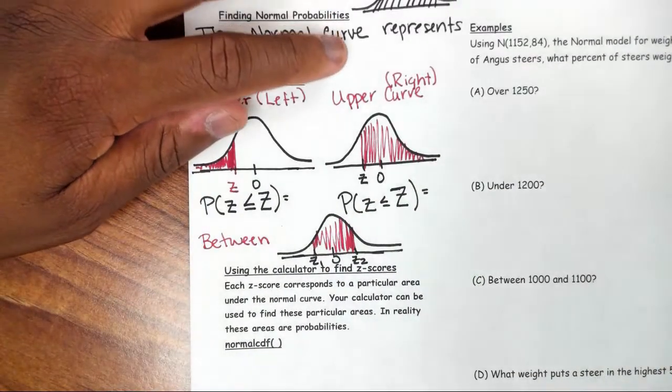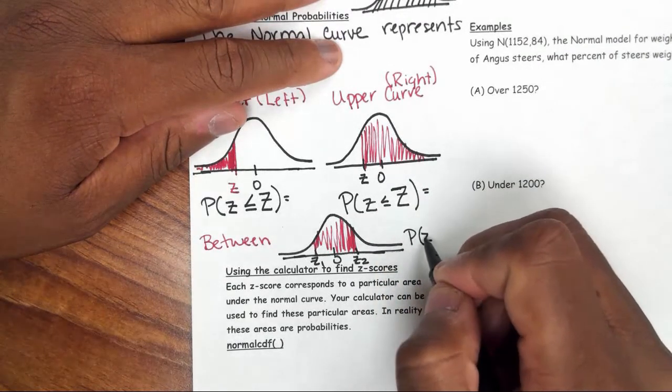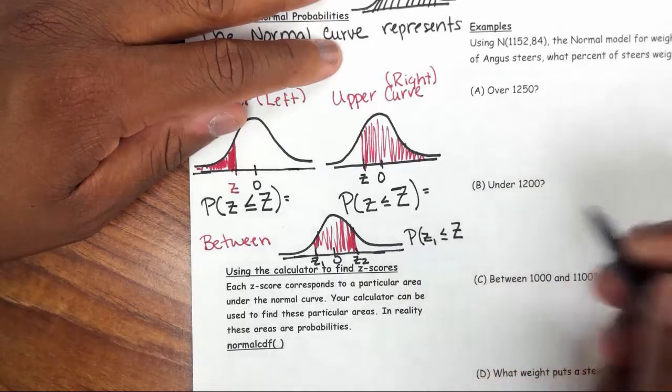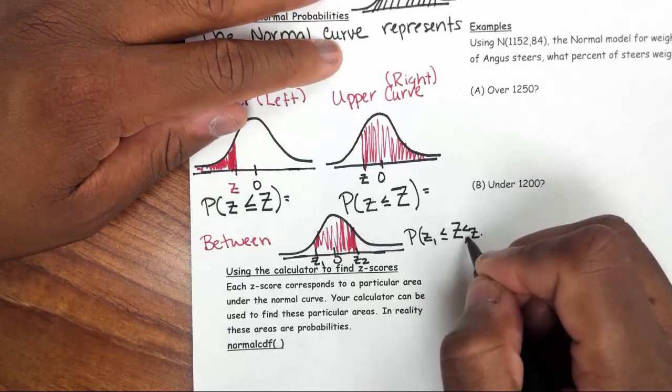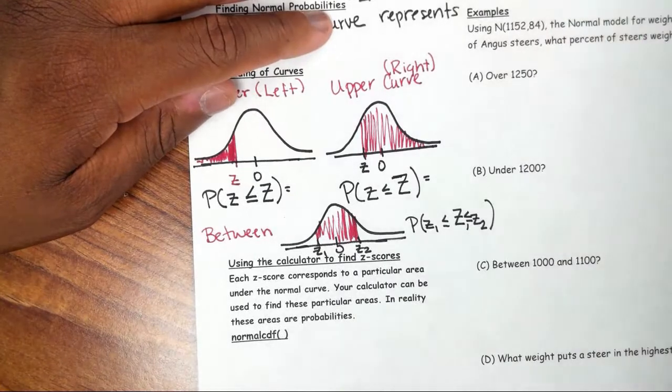So when you calculate this to write this probability statement, you're going to say the probability that the z value is in between z1 and z2. So whatever that's going to be now.